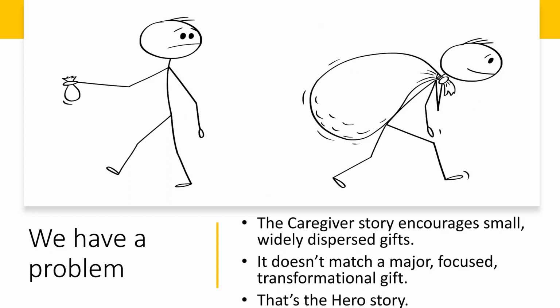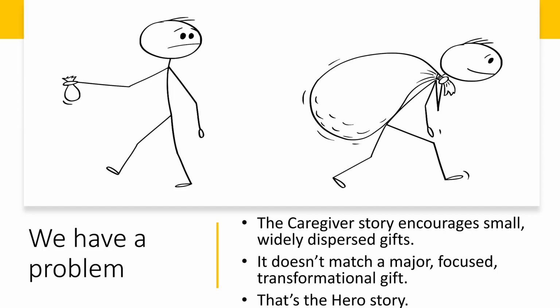This works, but there is a problem. The caregiver story does encourage giving, but it encourages small, widely dispersed gifts. The caregiver ideal is doing a little bit of good in a lot of different places. It inspires the scattered light of a lamp that brightens a room, but it does not inspire the focused light of a laser that cuts through steel.